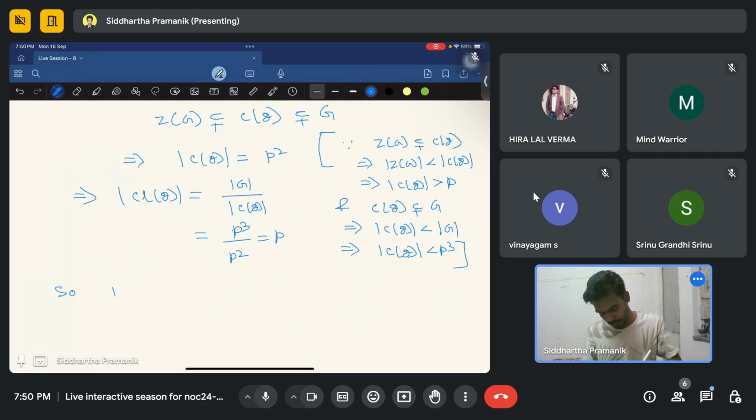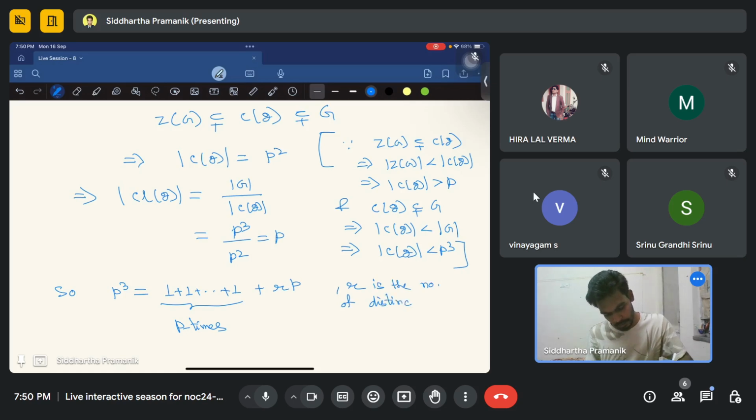So the class equation is pq equals 1 plus 1 plus 1, this is p times, plus some r times p, where r is the number of distinct conjugacy classes of order p.